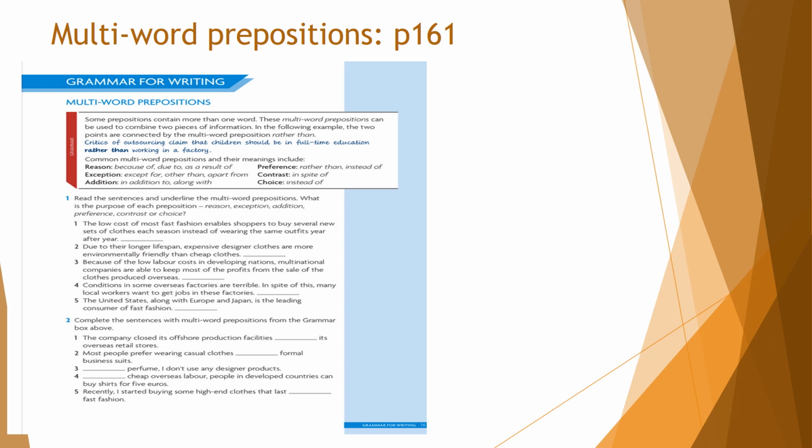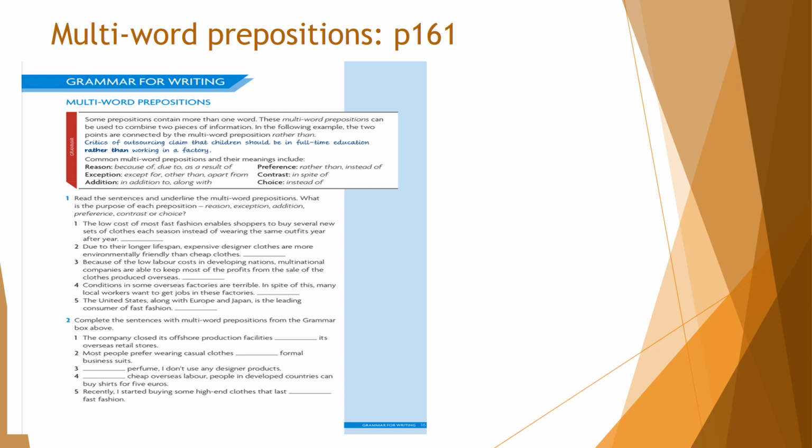In addition to studying the textbook, we will also be studying some worksheets in addition. And then choice, you can use instead of. Instead of going to the Hangang River this week, I will be exercising at home.